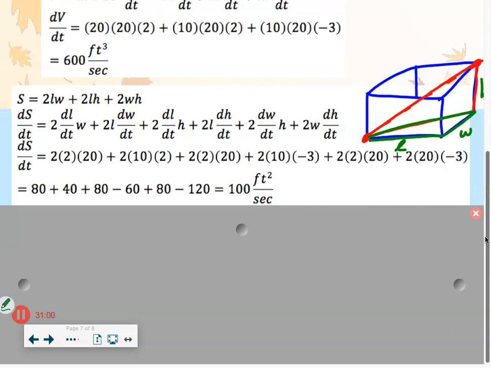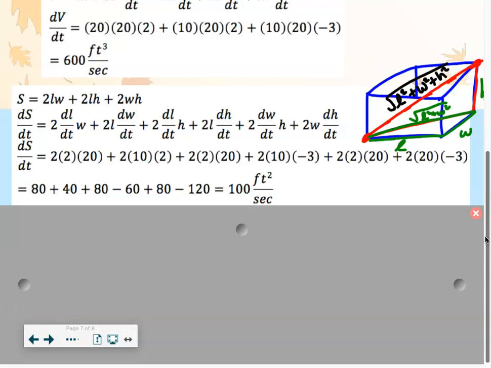Then L squared plus W squared equals this squared. So this is the square root of L squared plus W squared. And then this squared plus H squared equals the diagonal squared. So what is this whole thing? This whole thing is actually just the square root of L squared plus W squared plus H squared.